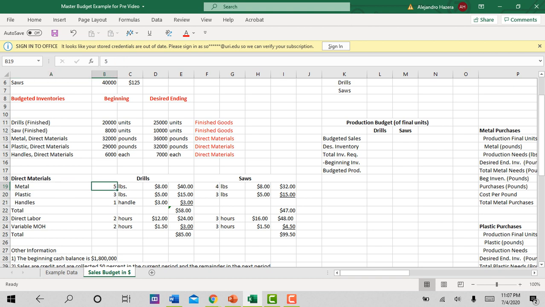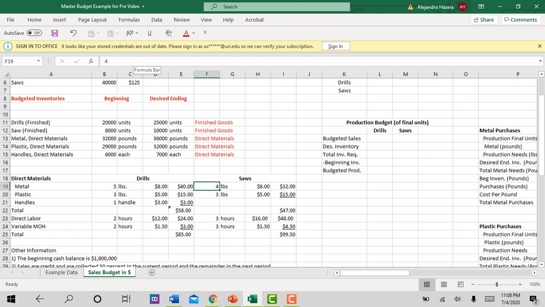So the company says that to make one drill, you should have 5 pounds of metal. Each pound of metal should cost you $8. So the total amount of metal that goes into each drill should be $40, which, as you can see from the equation here, is 5 pounds per drill times 8. Okay, so that's a standard budgeted cost.